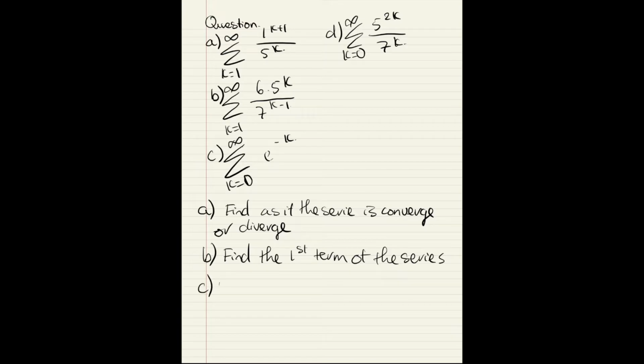Question C. If the series is convergent, find the sum. Question A. The series from k equals 1 of 1^k plus 1 over 5^k.